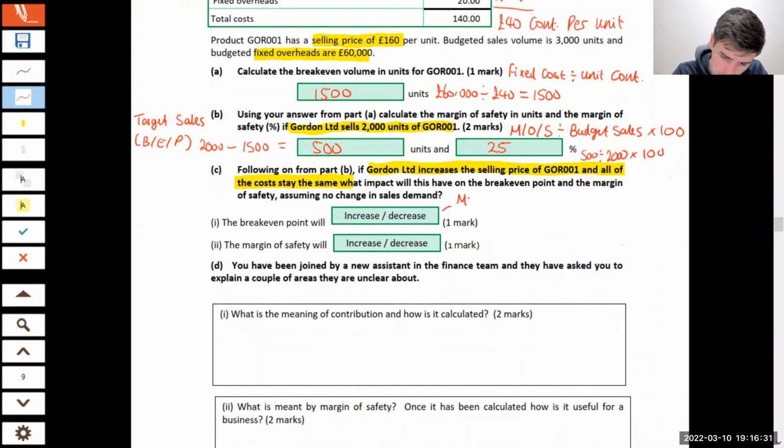So okay, I'm not dealing with profit, I'm dealing with contribution, but the same principle applies. I've got a higher contribution per unit now, which means that if I need to cover fixed costs and hit a break-even point, I need to sell less units.